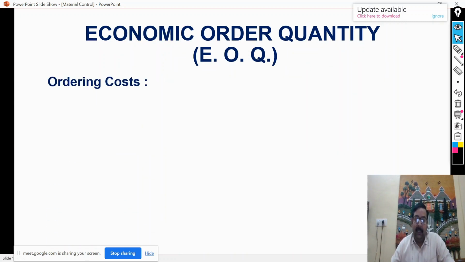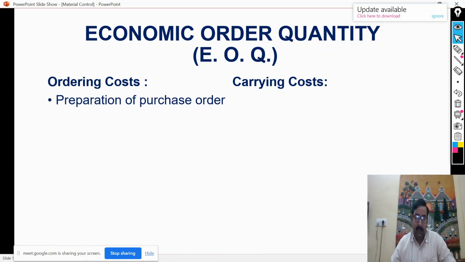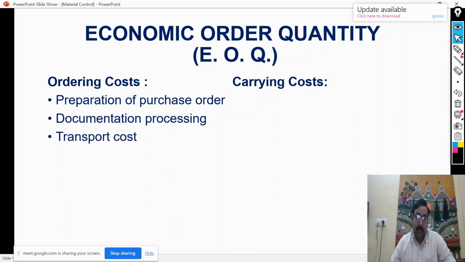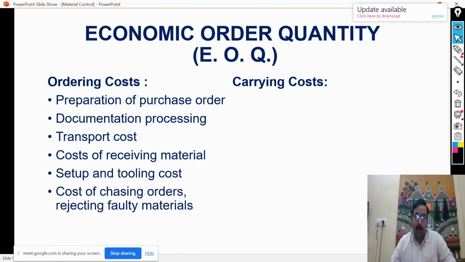Ordering cost. In economic order quantity, there are two costs: ordering and carrying. Both costs are minimum at the economic order quantity. Ordering costs include preparation of purchase order, documentation processing, transport cost, cost of receiving material, setup and tooling cost, cost of changing orders, rejecting faulty materials.